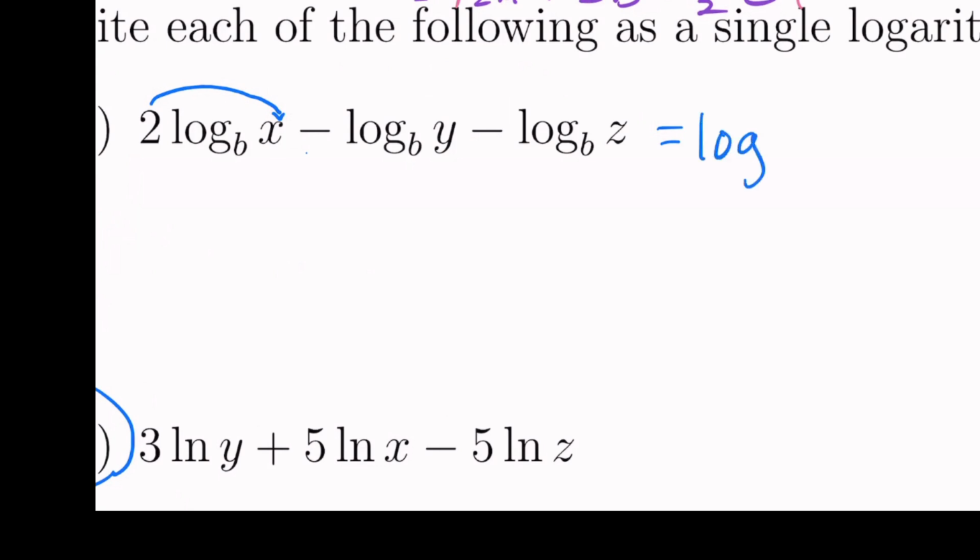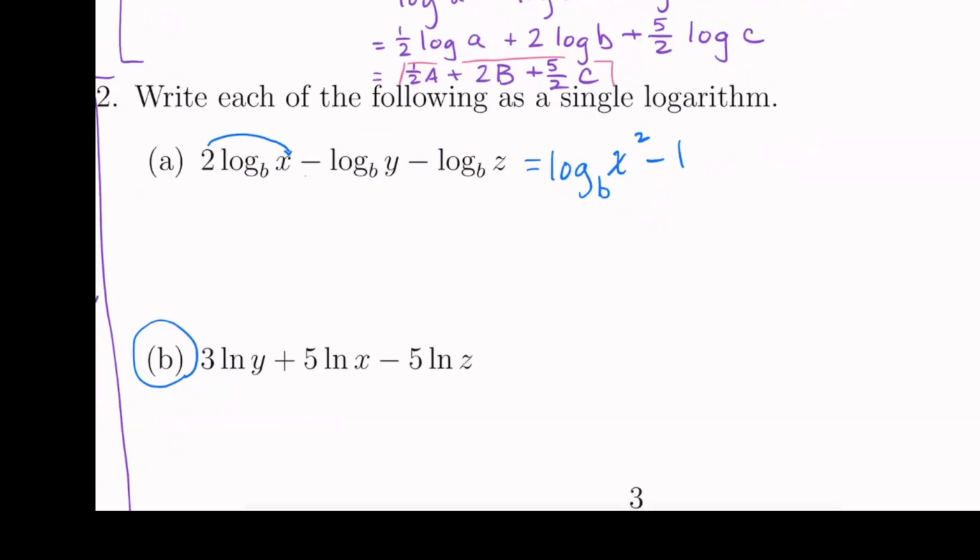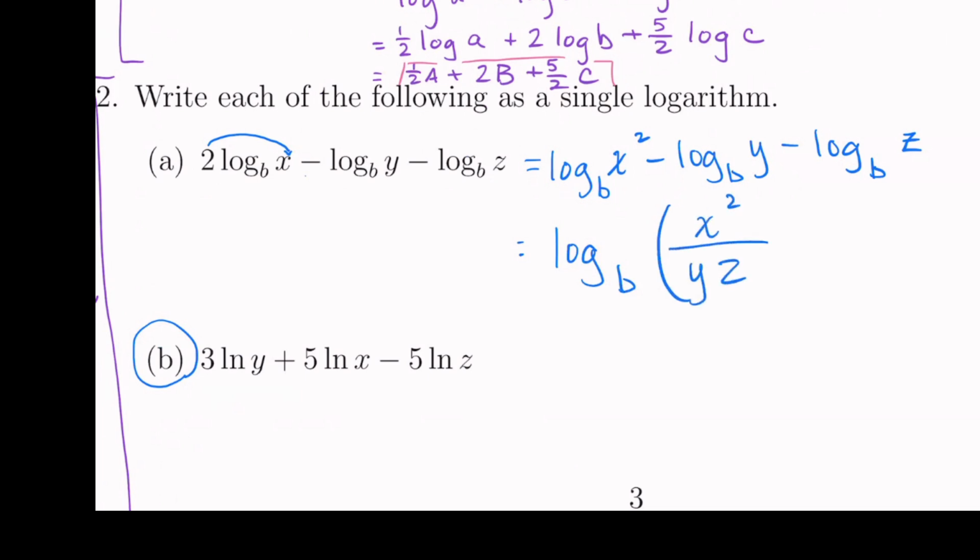So we get log base B of x squared minus log base B of y minus log base B of z, which gives us log base B of x squared over yz. And that's it.